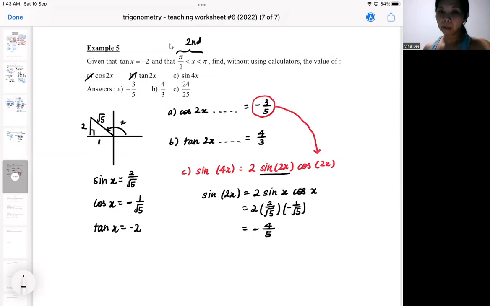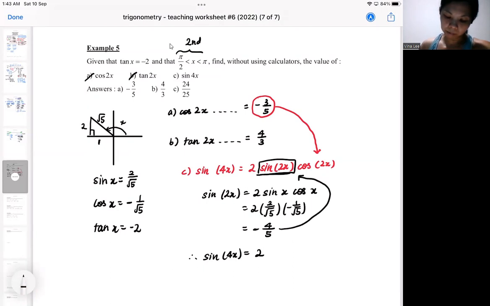After I get my sine 2x, then I will get my sine 4x. So this will be the one that I just calculated. And this will be the one that I found in the first part. And then you punch calculator.